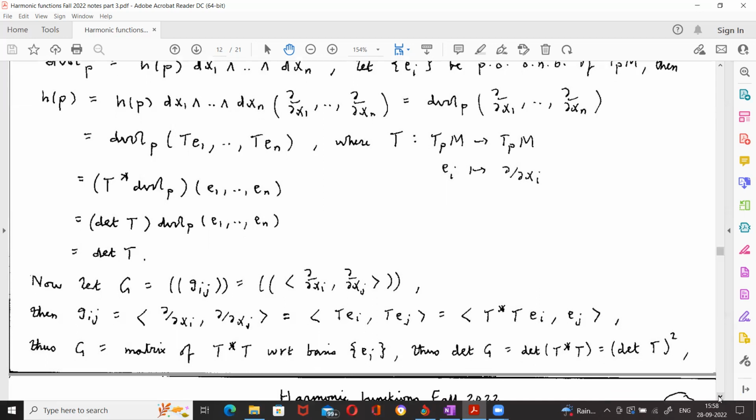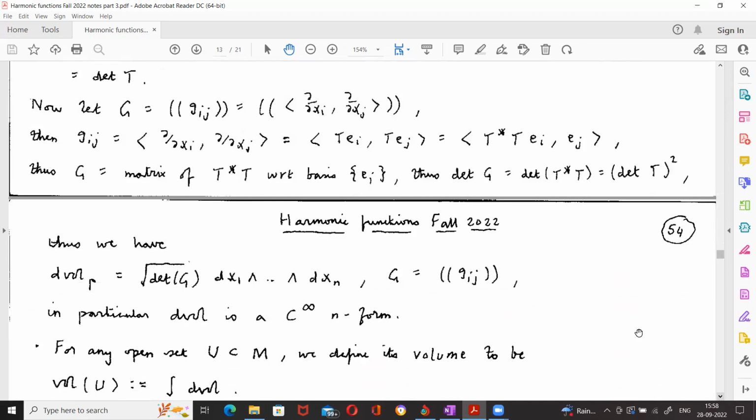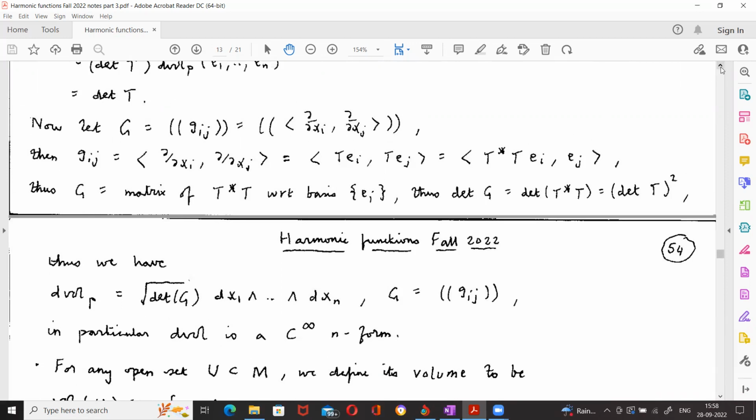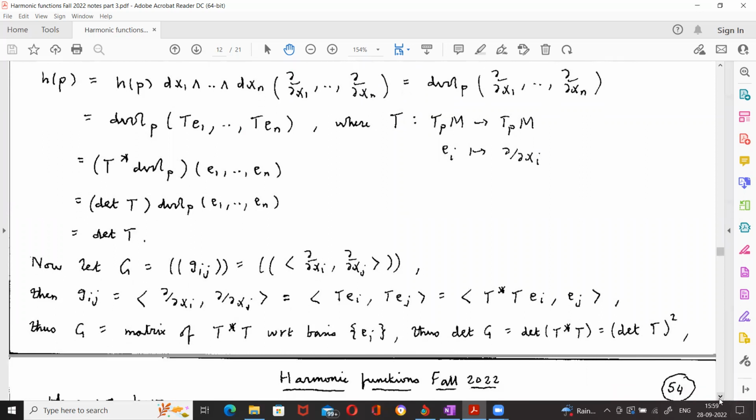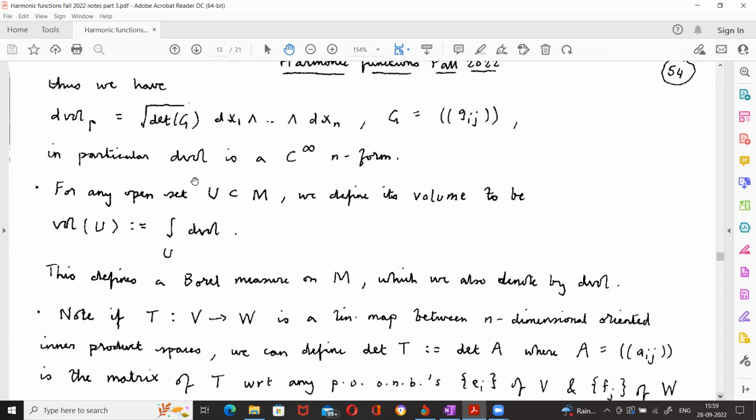So therefore, the determinant of T is the square root of the determinant of G. So we found that our coefficient H was the determinant of T, which is the square root of the determinant of G. So finally, we get this formula for the volume form: dvol is equal to square root of determinant G into dx1 wedge dxn, where G is the matrix of the Riemannian metric.